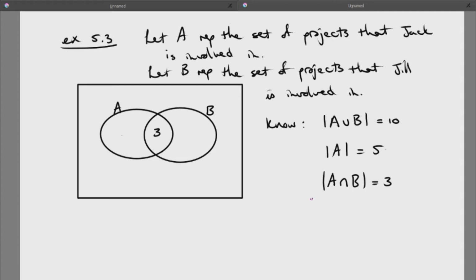I know the whole A circle is 5 in total. Some part of it's a 3, so this part of it's a 2. Can I go further? The whole A and B circles together, the union, total 10. I have 2 of the 3 regions that make it up, which means the third region has to be 5.